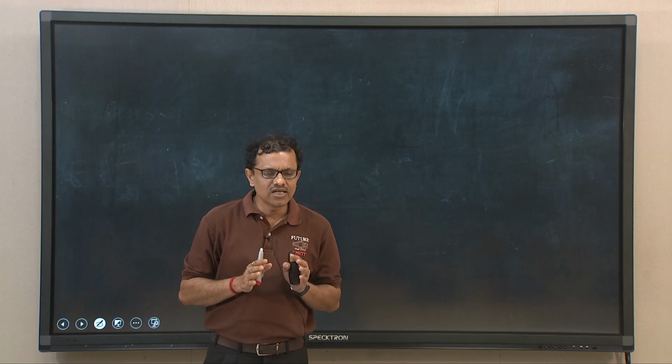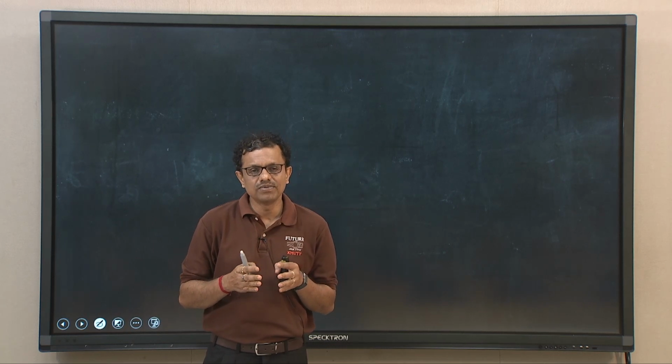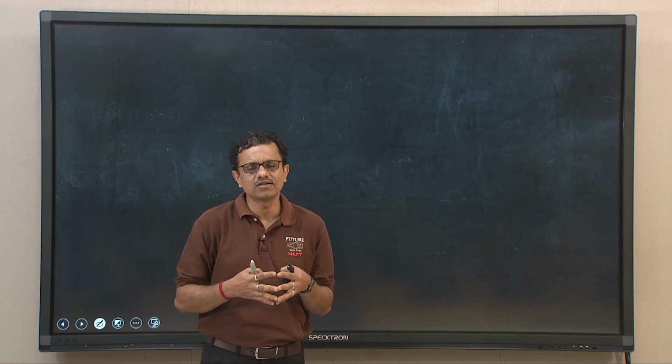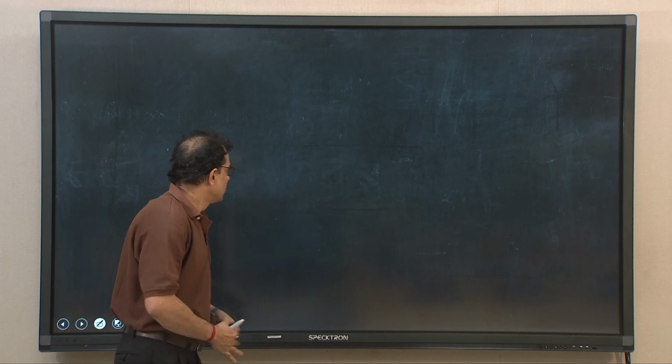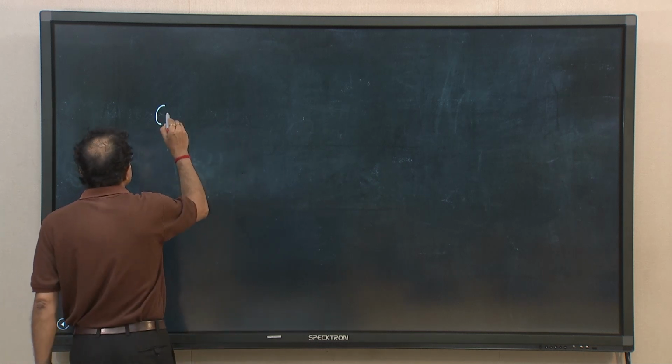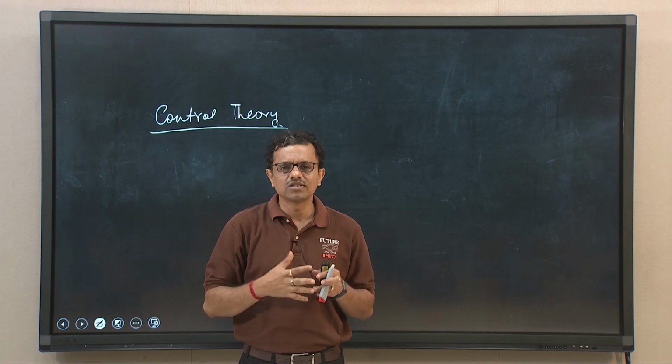Today our focus is to discuss different types of control system. Before classifying different types of control system, let us discuss what control theory is. Any control system will work based on control theory.